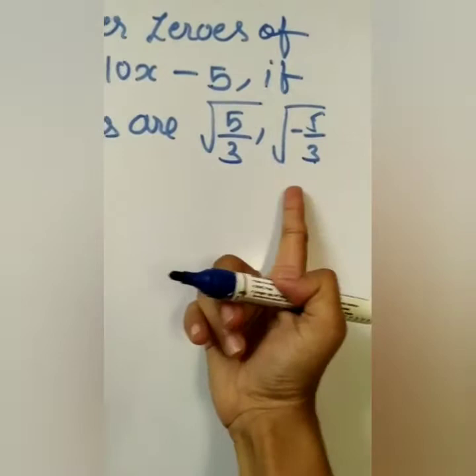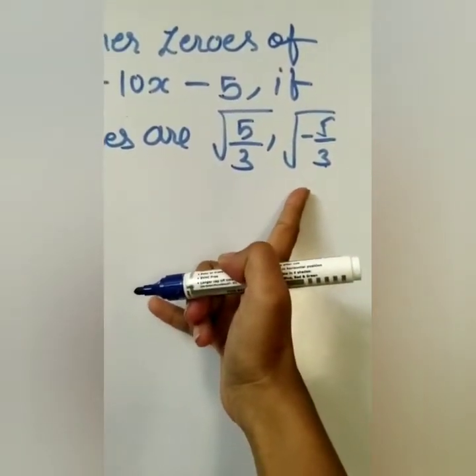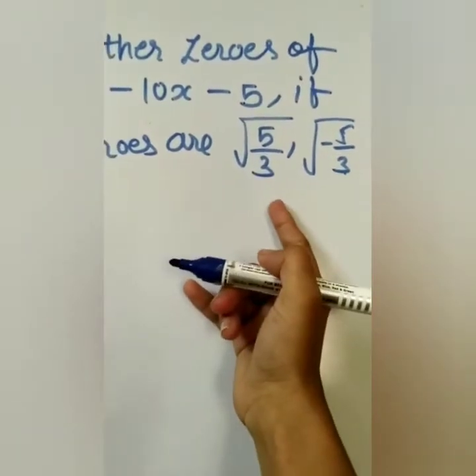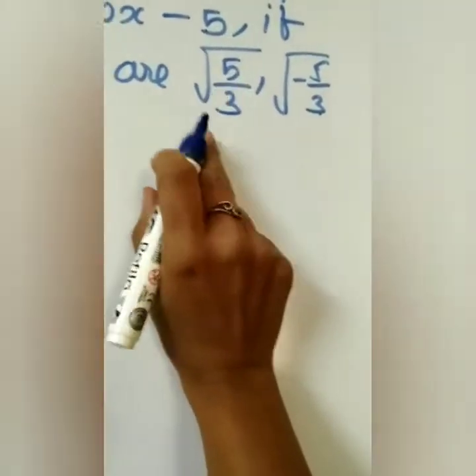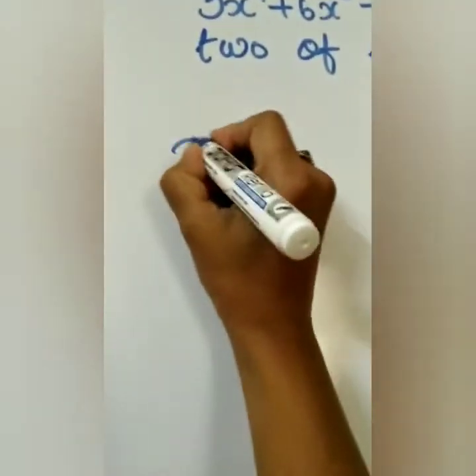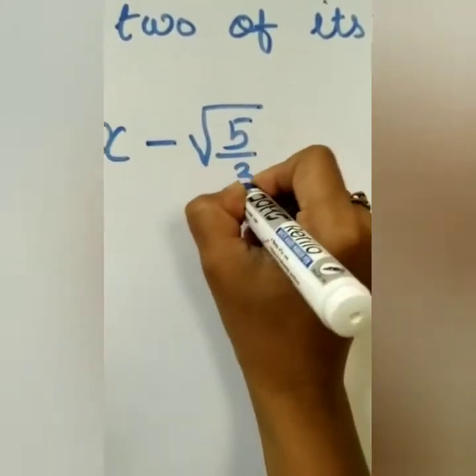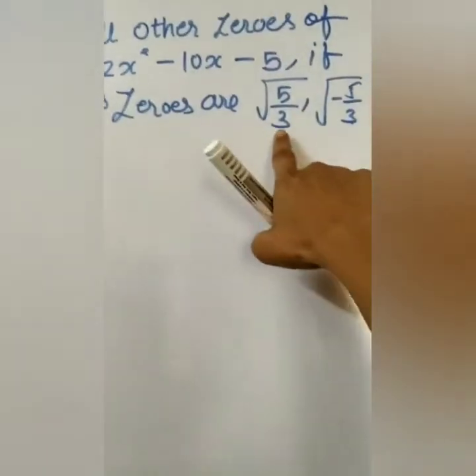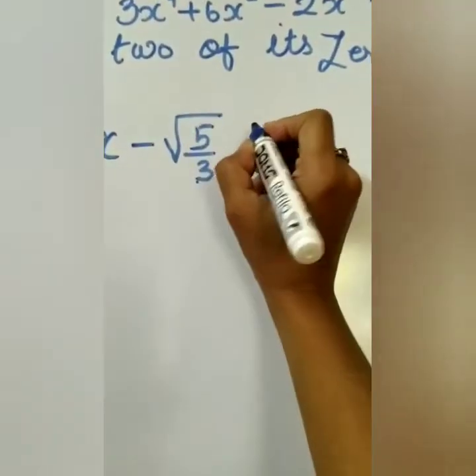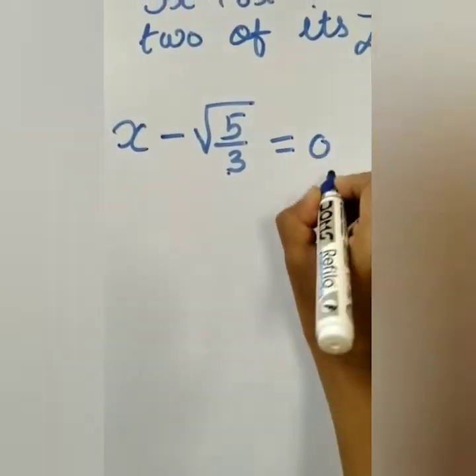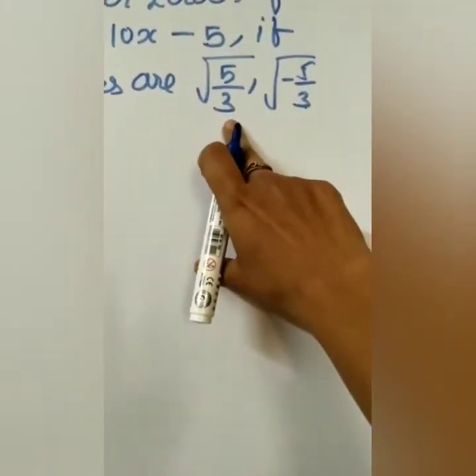Here two zeros are already given, and in the last video we have seen one example. We will follow that method. First we will compare it with x. As I told you, if a zero is in plus, then with x it is in minus, because when you compare it with 0 it comes to this side, so x has the value √(5/3).